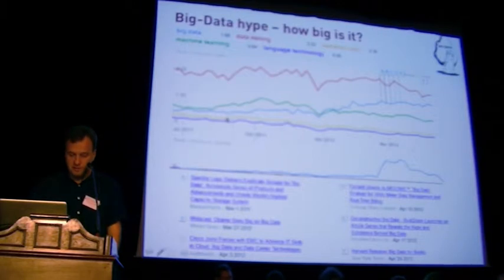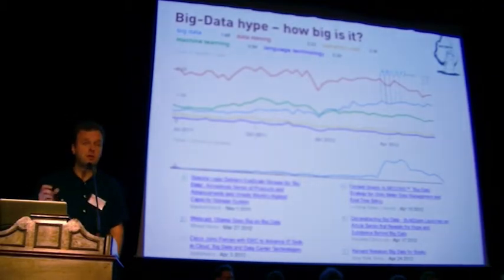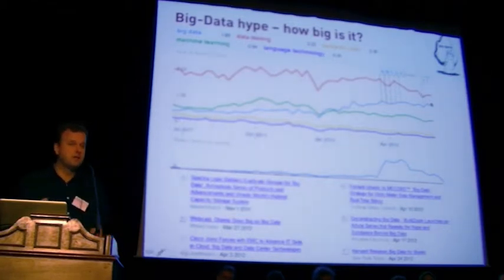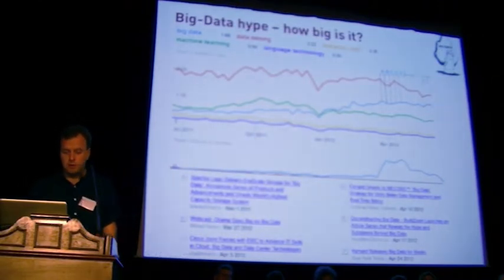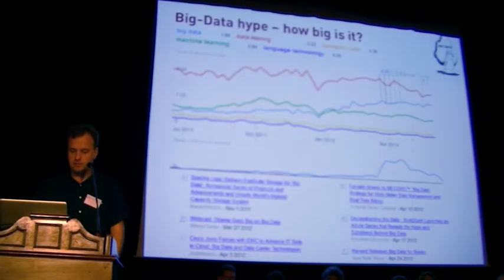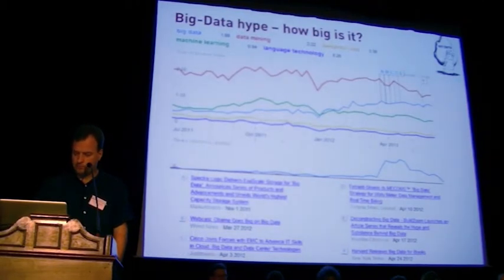Here, this curve going up is big data. Two years ago, big data practically didn't exist in terms of traffic or interest of the population. This graph shows the amount of queries on Google on big data. In the last year it came from the popularity of language technologies to almost reaching data mining. So this is the actual hype. Below you see the volume of news mentioning big data in the last months, and there was this one Obama speech which made quite some hype as well.